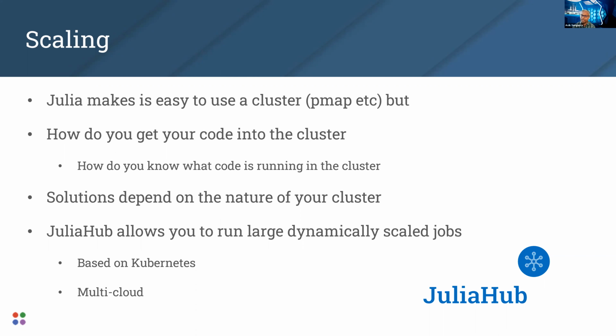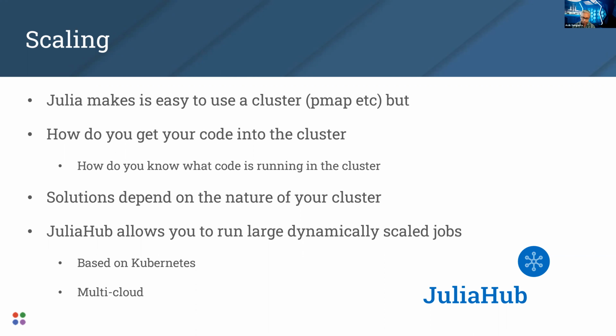There is a thing called cluster managers, which is part of Julia that allows you to manage clusters of different kinds. So, for example, if you have SSH access across all the machines in your cluster, then there is something called an SSH cluster manager. Or if you have a Slurm cluster, then there is a cluster manager for Slurm, right?